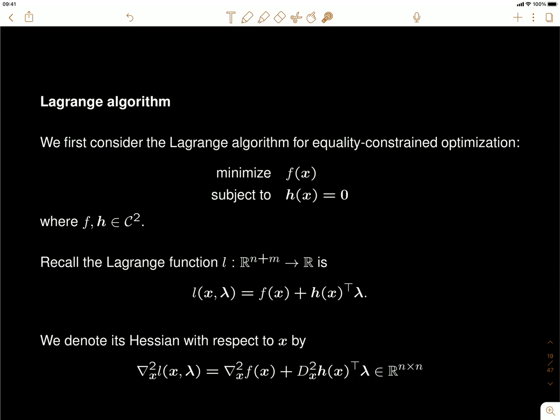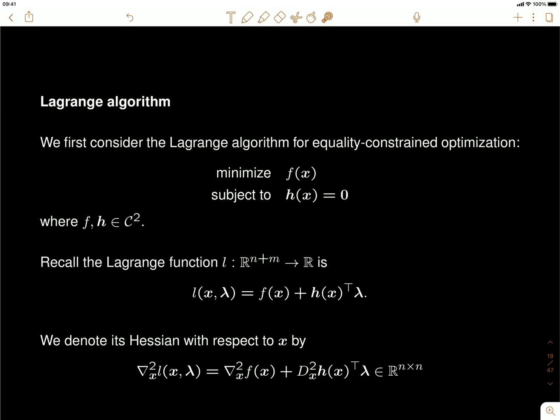In that case, we will not be able to find the projection operator. And the question right now is how do we handle those cases in general? So this is called a Lagrange algorithm. It is used to solve minimization problems with equality and inequality constraints.